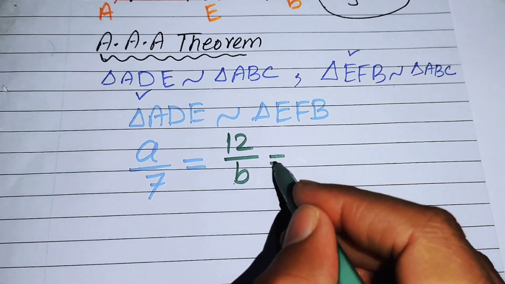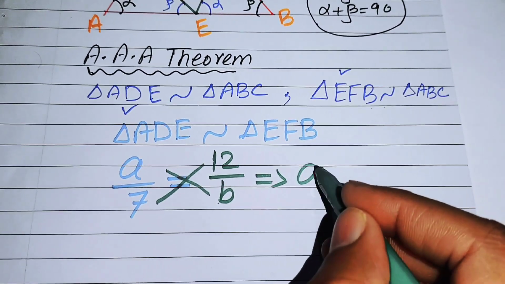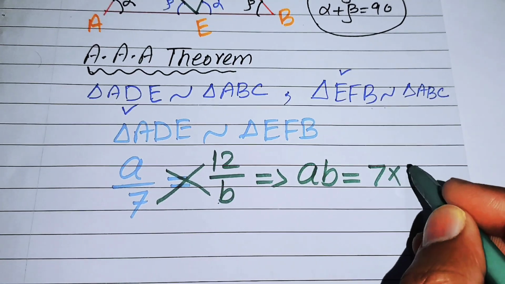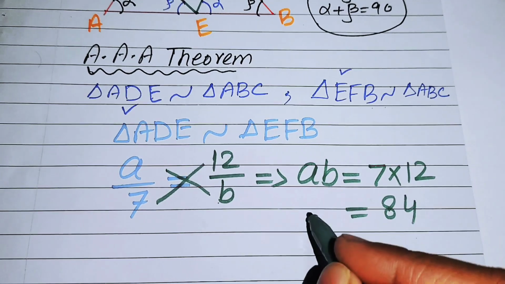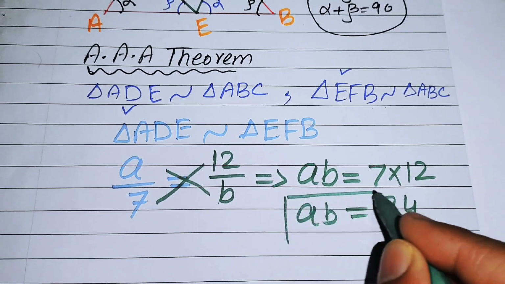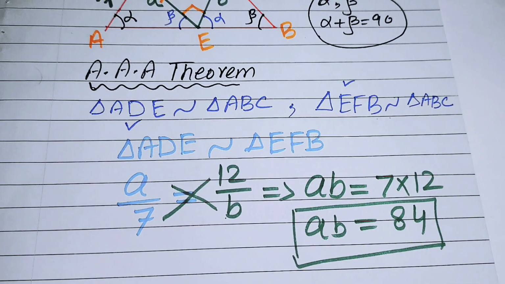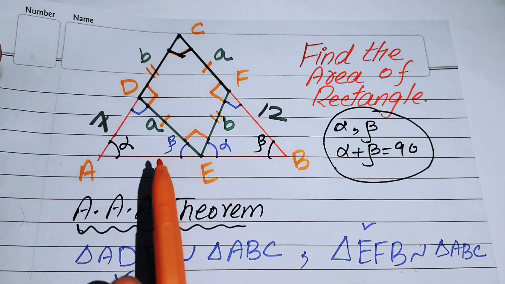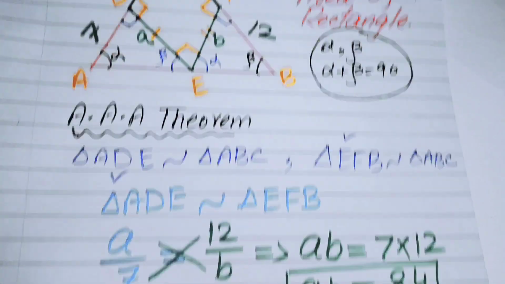Now we cross multiply the terms and get A times B equals 7 multiplied by 12, and 7 times 12 equals 84. So this is the value of A times B. Now focus on our target, which is to find the area of the rectangle DEFC.